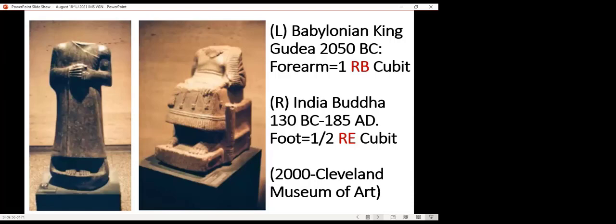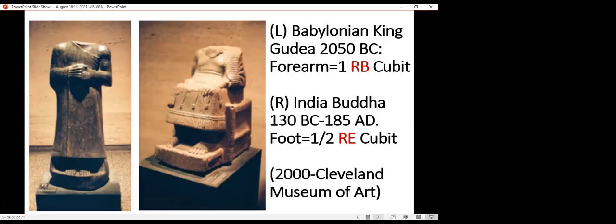His forearms measure the Babylonian cubit. He had quite an ego and made dozens of sculptures in exactly this same style. This one was purchased by the Cleveland Museum, that I photographed, and the forearms measure that cubit.